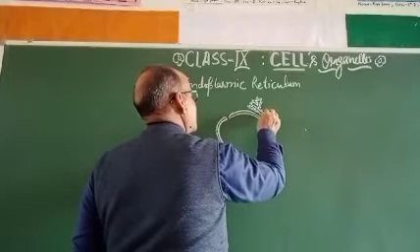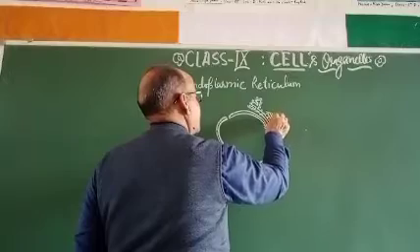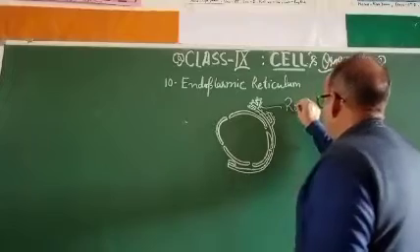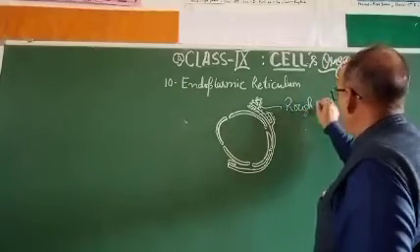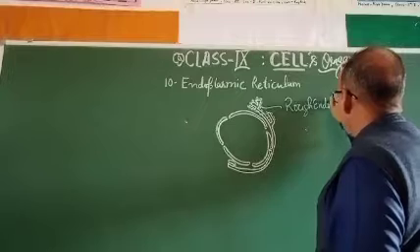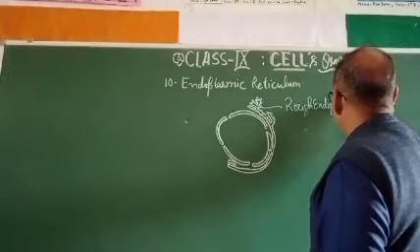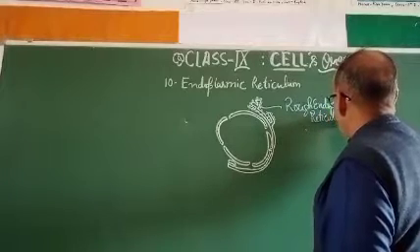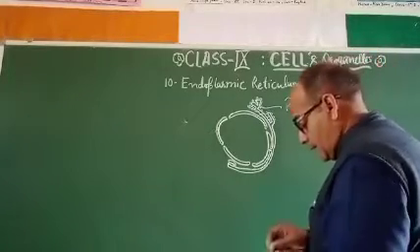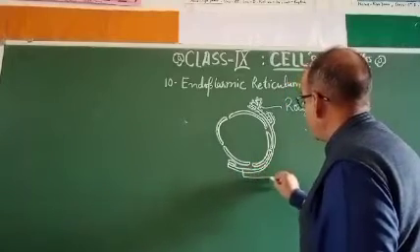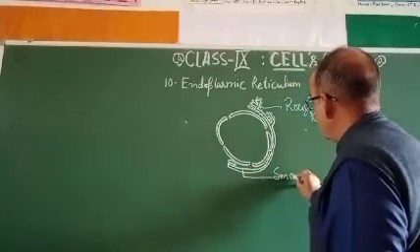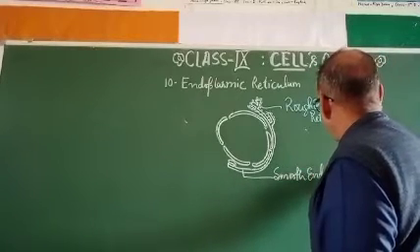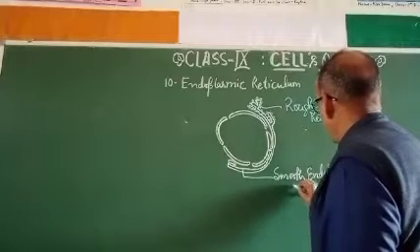On some endoplasmic reticulum, ribosomes are found, and they are called rough endoplasmic reticulum. And some do not have ribosomes, and they are called smooth endoplasmic reticulum.